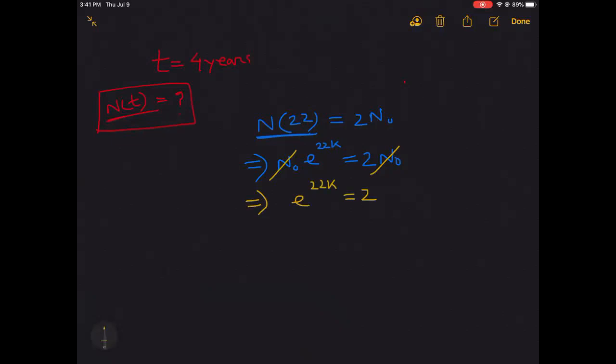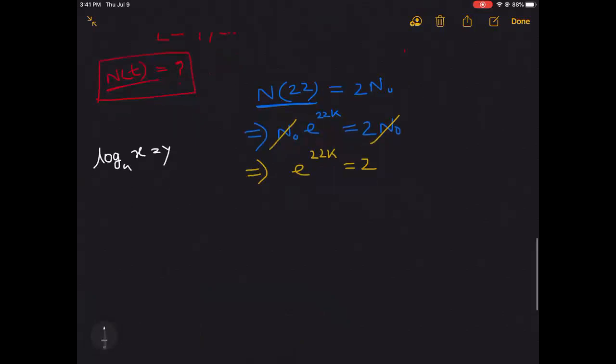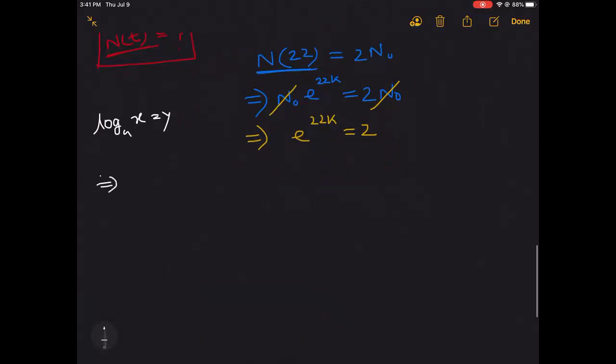Now what should we do next from here? The next thing we need to do is to use this property, which is if you have anything like this, you can always write x equals a to the y, or vice versa, right? It works both ways.